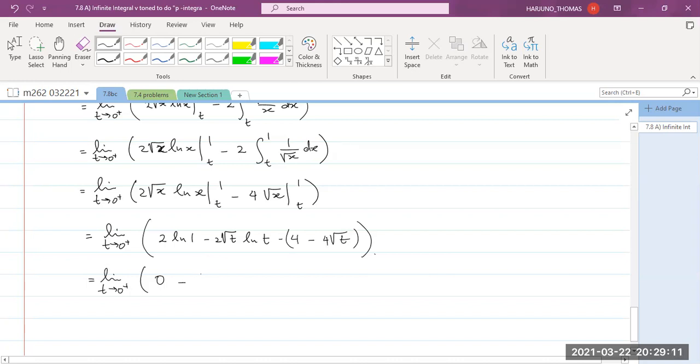This is 2 natural log of t over 1 over square root of t. Give me a second. The first term is 0, minus the limit as t goes to 0 positive of 2 ln t over 1 over square root of t, and then minus 4, minus 0.